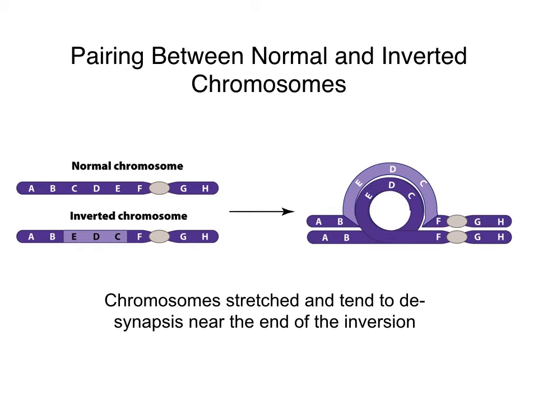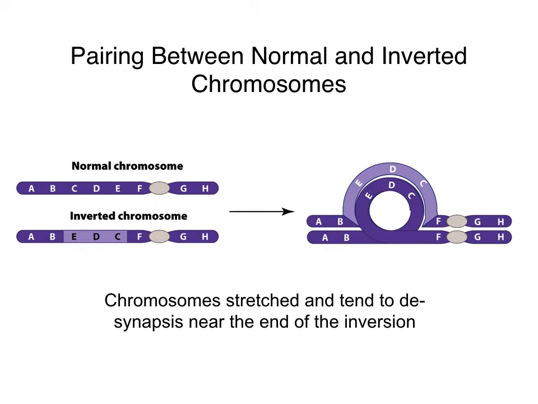So when 2 homologous chromosomes come together, the like regions tend to want to synapse with each other. And so the region in both of those chromosomes that contains, for instance, the A gene is going to want to sort of synapse or pair with each other.